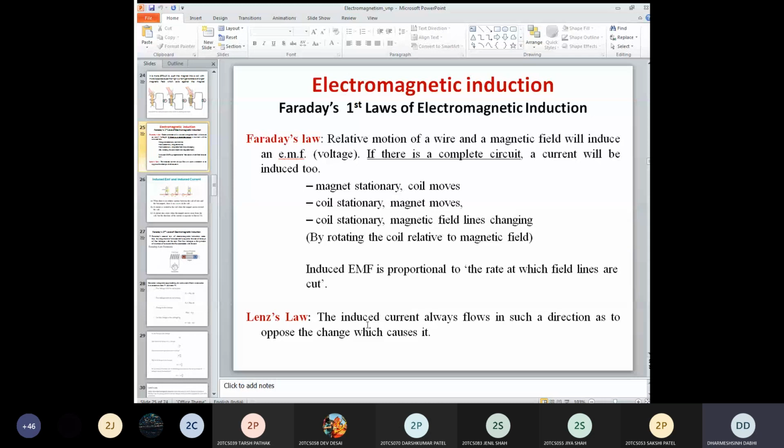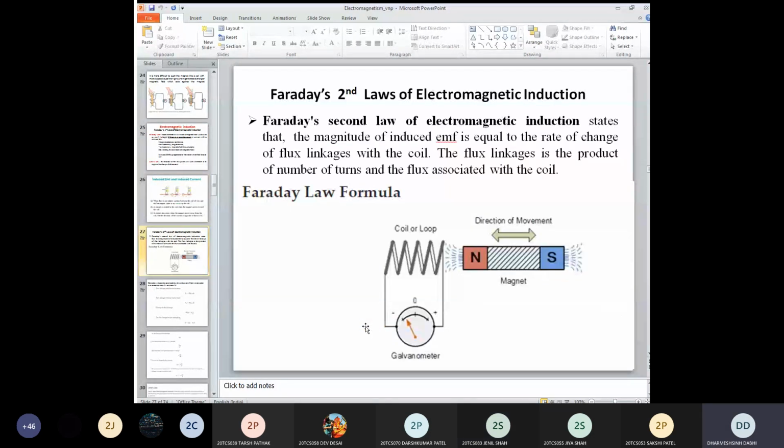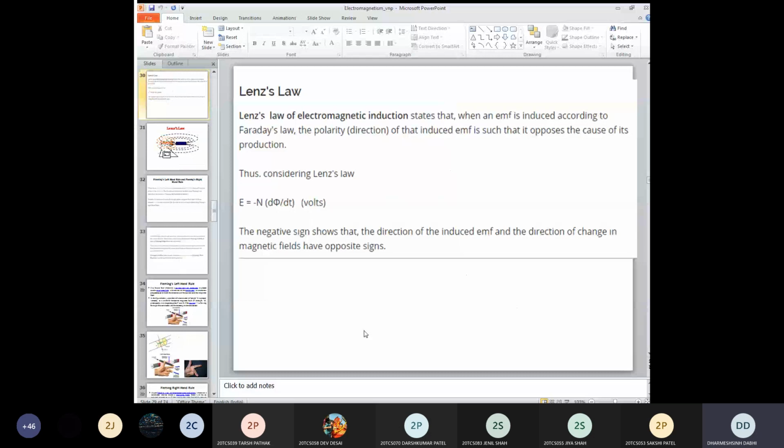We have already seen Faraday's first law of electromagnetic induction, then the Lenz law, then the direction of the induced EMF as per the Lenz law, then Faraday's second law of electromagnetic induction. Then we derived the equation EMF is equal to minus n d phi by dt. All these slides we have already covered in the last lecture, so I'm not going to detail them.